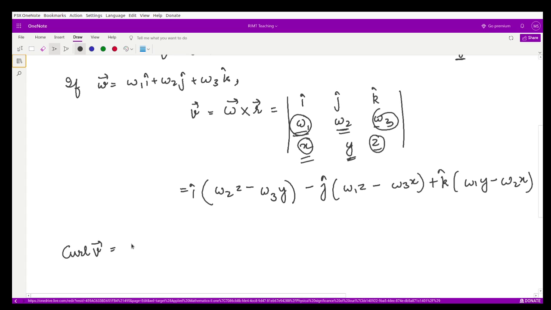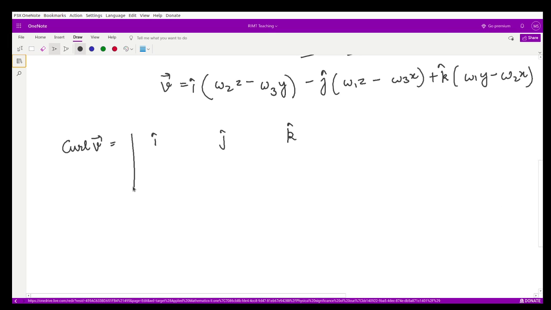Moreover, we can also obtain the curl for vector v. What would be the curl for vector v? Curl is basically the cross product of vector del with the vector v. So we again compute this cross product.